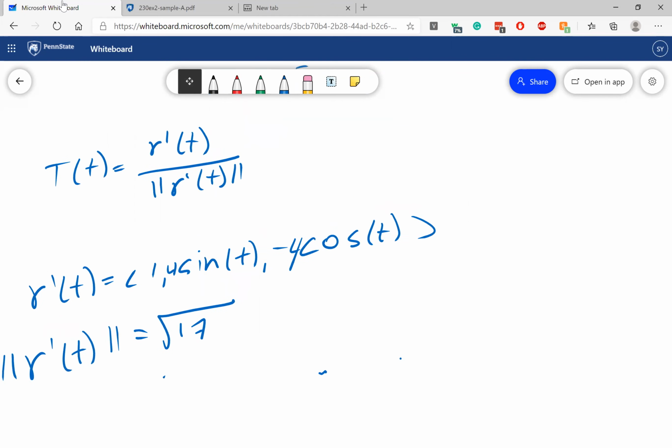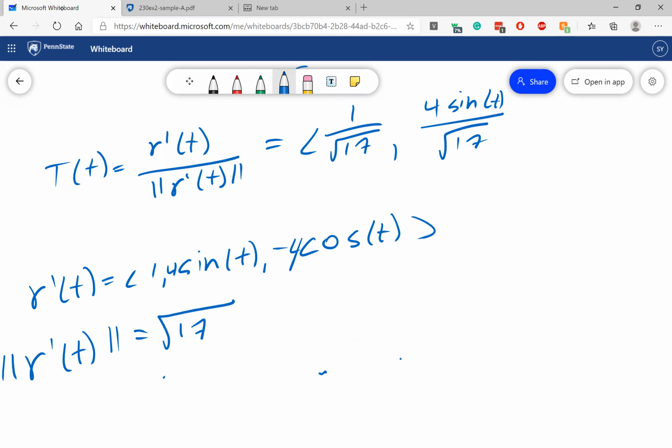So T equals 1 over the square root of 17, 4 sine of t over the square root of 17, and negative 4 cosine of t over the square root of 17. Any questions?